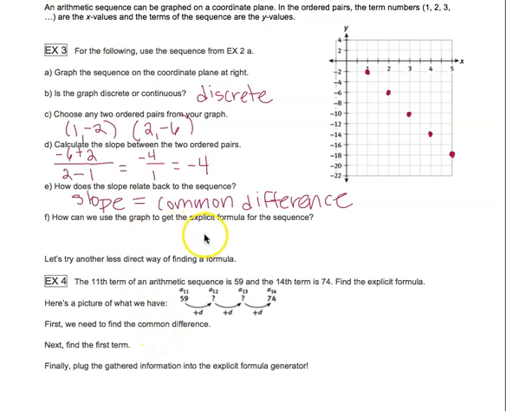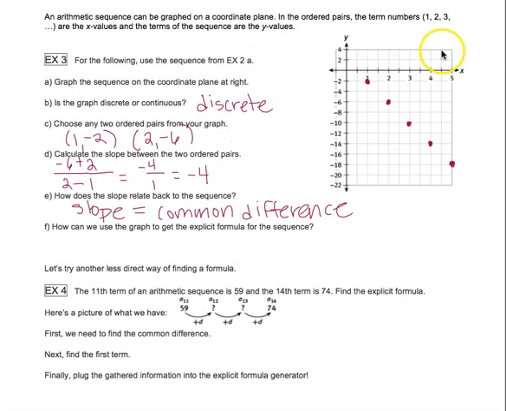So, how could we use the graph to get the explicit formula for the sequence? So, basically what we could do is we could pick out one of our terms, the top one, to find the first term, which would be the y coordinate.